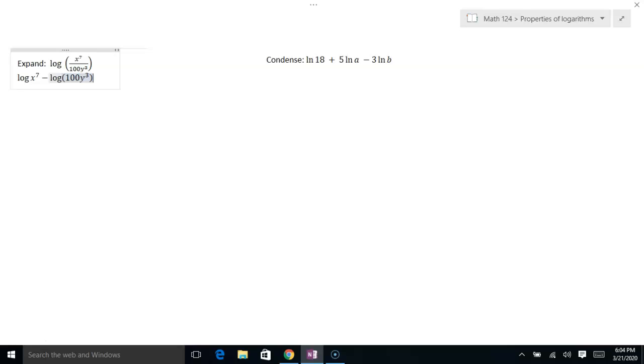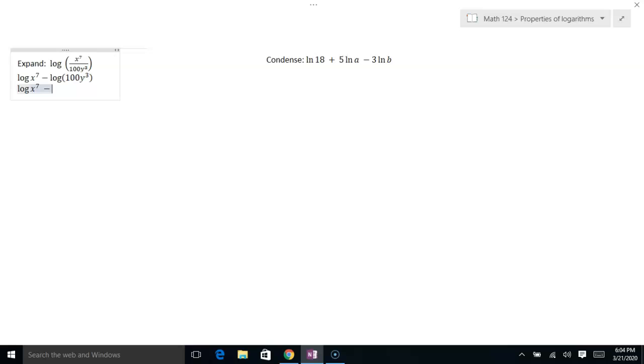The next thing I'm going to notice is that 100y cubed, that's a product. That's two things multiplied together. To do the logarithm of a product, I'm going to do the logarithm of each one separately and then add, and I'm going to do it carefully because I have that negative out in front. For right now, that log of x to the 7th is just along for the ride.